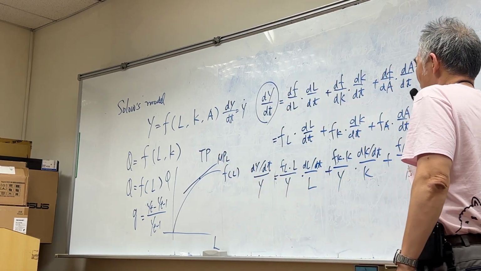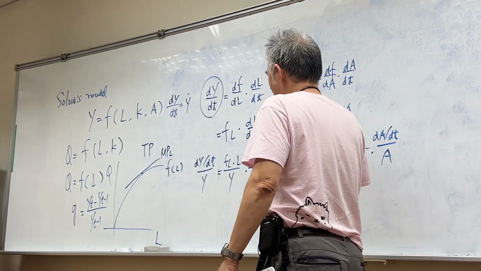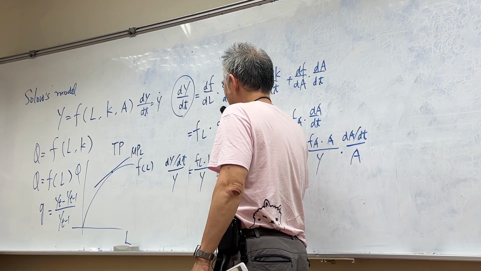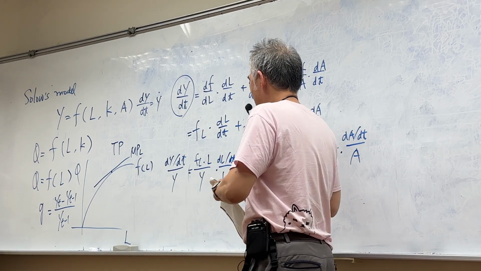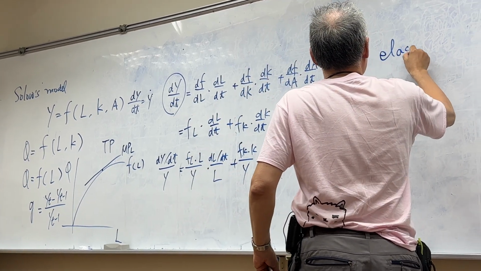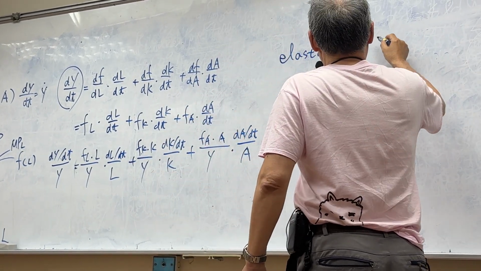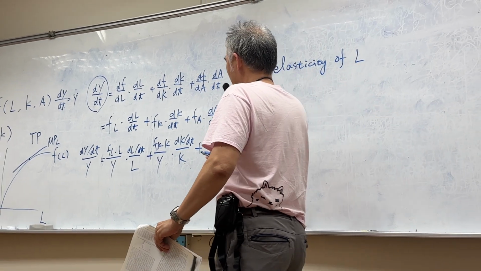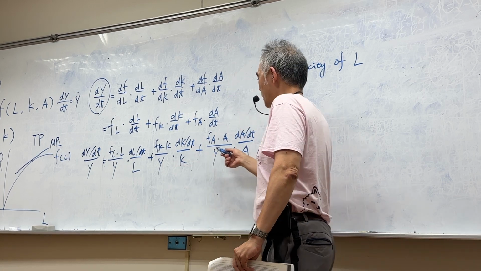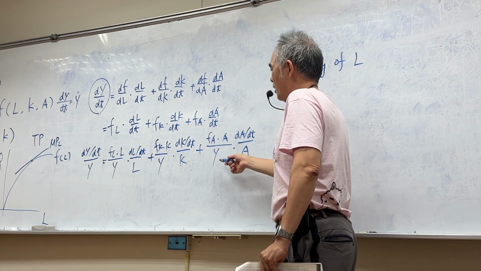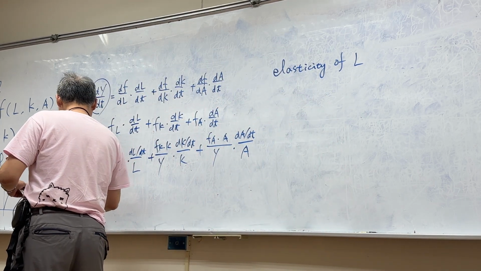Okay, so then what else are we going to get? So what is this? This is actually elasticity. Elasticity of L, and here it is actually elasticity of K, and here is elasticity of A. So we can simplify it again to get something like this.